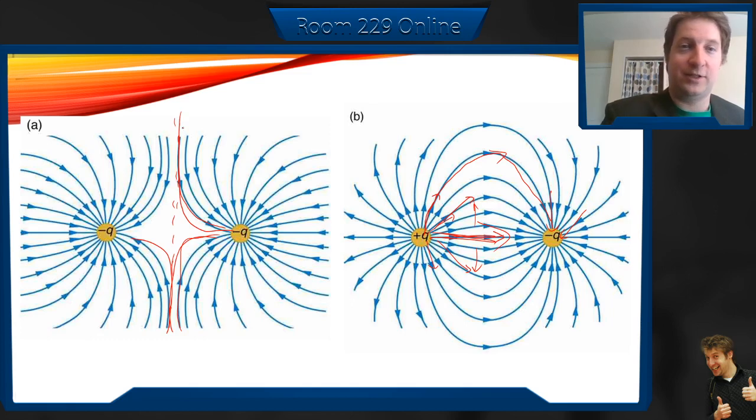In this case, all these force lines are going to even out, cancel each other out, and we're going to end up with a repulsion. Okay, so now we can even think about attraction and repulsion and Coulomb's force from an electric field point of view.